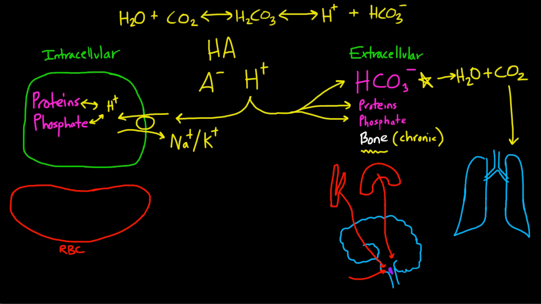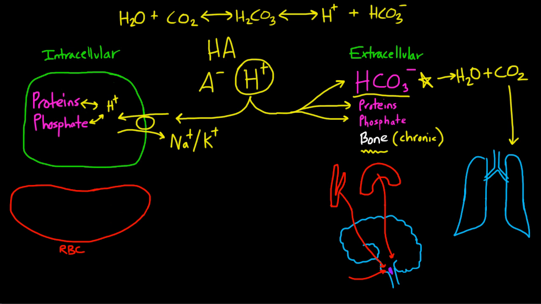And as you can see, as we added one hydrogen ion, we took away one bicarbonate in order to get rid of it. So that's why bicarbonate and hydrogen ions are always inverted compared to one another.